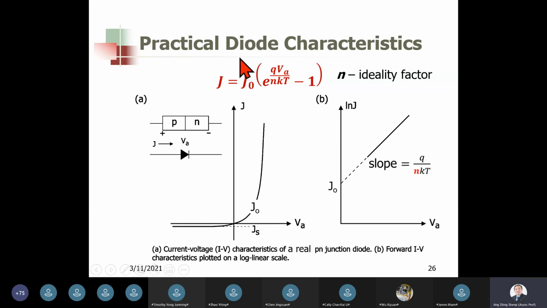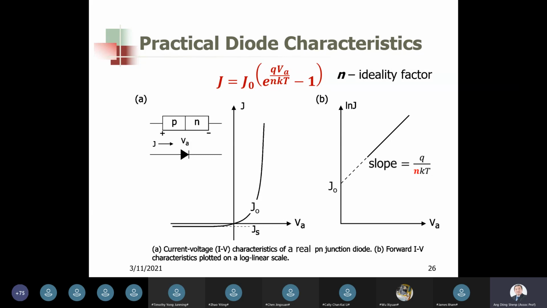But to analyze a practical diode from scratch is a very challenging problem because of all the difficulty related to the effects that I just mentioned, like the recombination of electrons and holes in the space charge region and the generation. If we account for all this, no analytical solution is possible.